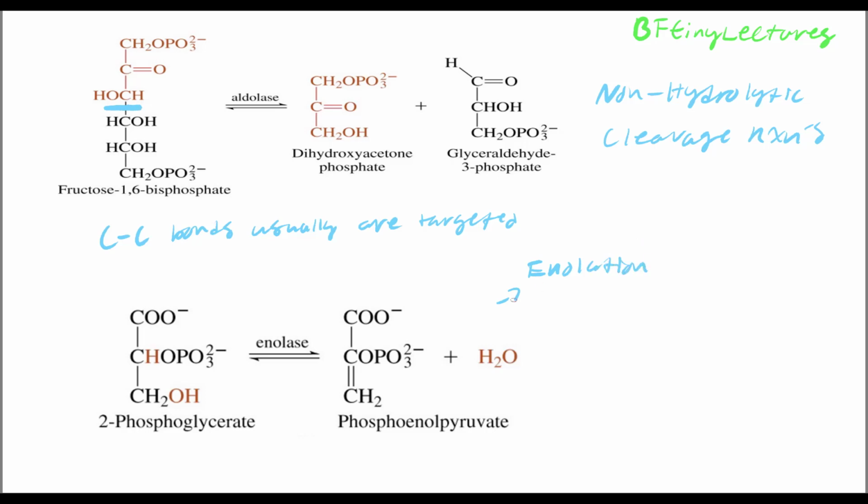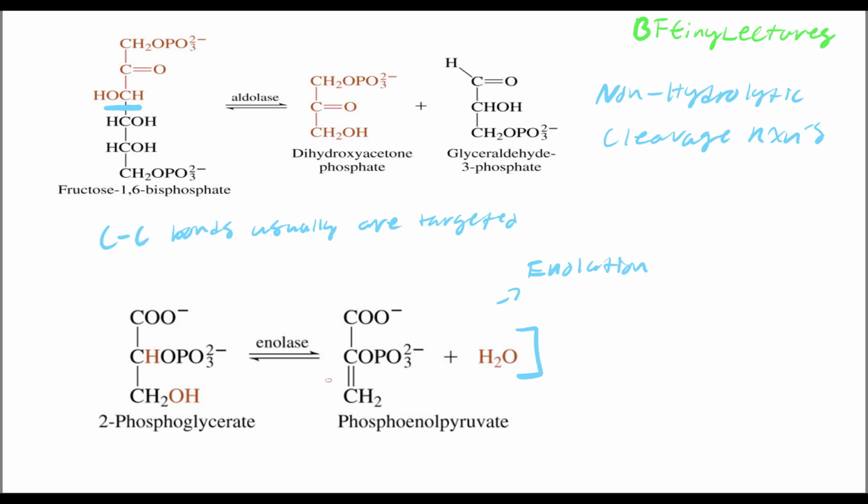It's essentially when you dehydrate the molecule. So over here you can see that in this picture there's a hydrogen highlighted and also a hydroxyl group highlighted. Whenever we do a non-hydrolytic cleavage reaction, in this example we dehydrated the molecule, so that means we generated water.